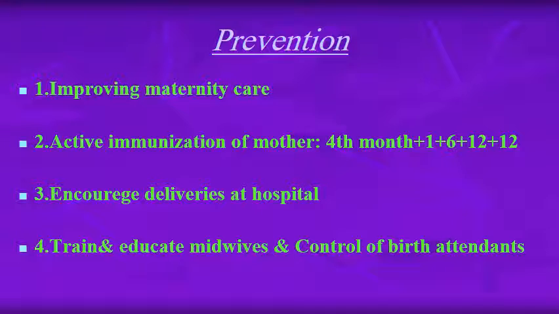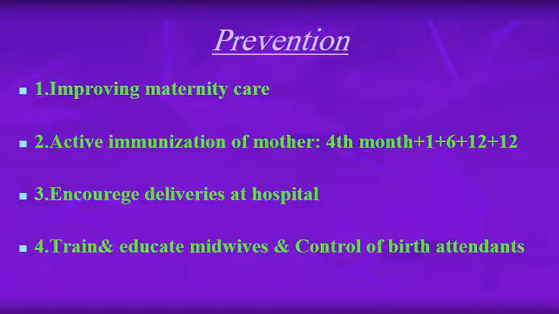Sometimes we can give it at the 5th or even 6th month if we didn't catch the pregnant woman, but not more than 7 months, because there will be no time for the vaccine to induce an immune response, and so it will be useless for the child.